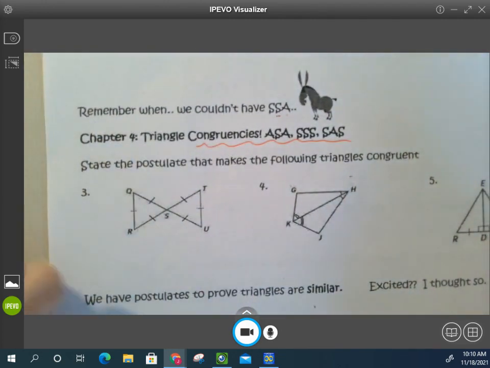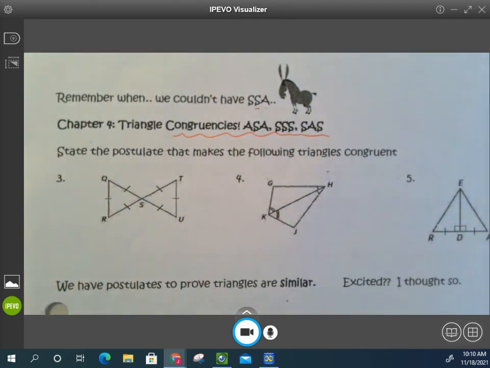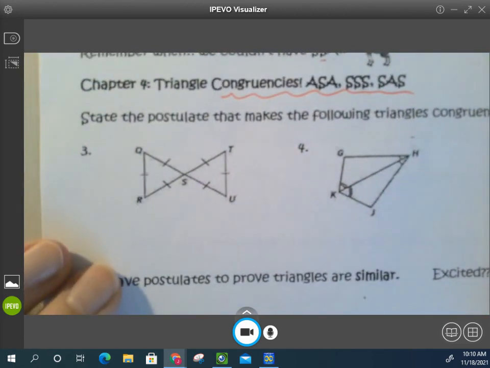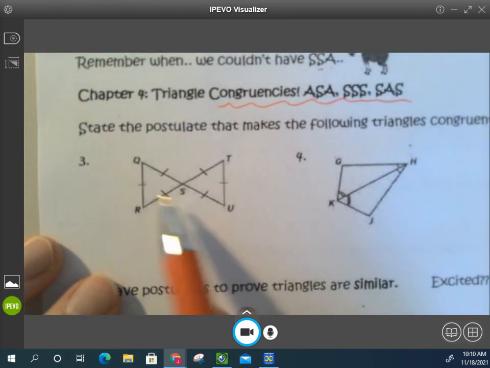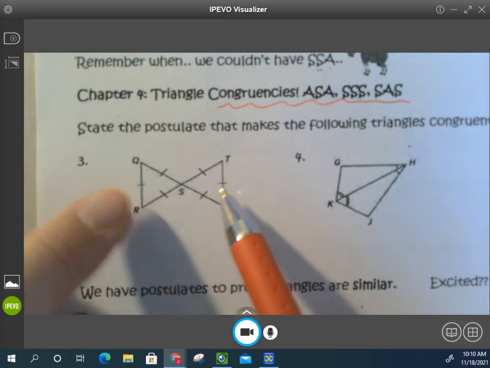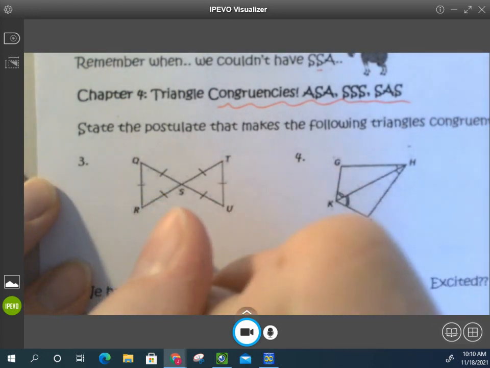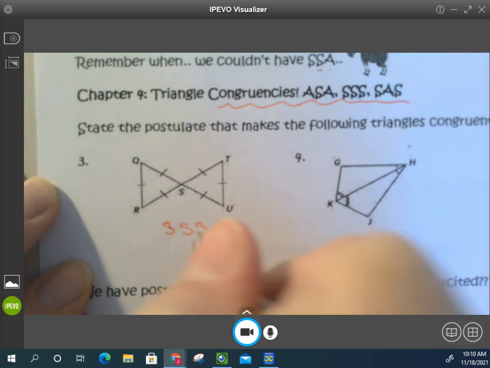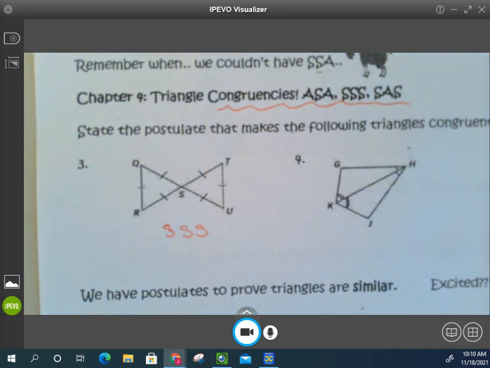If we look at number 3, we're going to use some of these ideas today. I can actually prove these are congruent two ways. One, this is an equilateral triangle, and each piece is set equal, so I can say these are congruent by side, side, side. But there's another way I can do it, something we can mark because we know it's true. Do you see something else that we would mark normally?